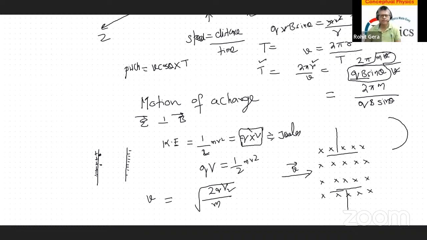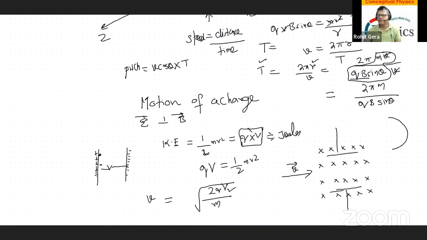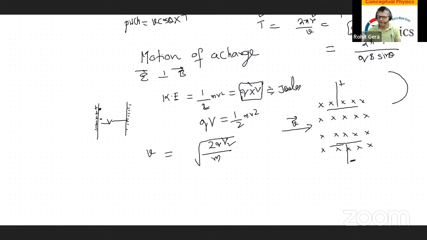Now when it enters, if I have the upper plate as positive and lower plate as negative, and if I see the net force on it at any point, I will realize that without the electric field, it would have moved something like this.